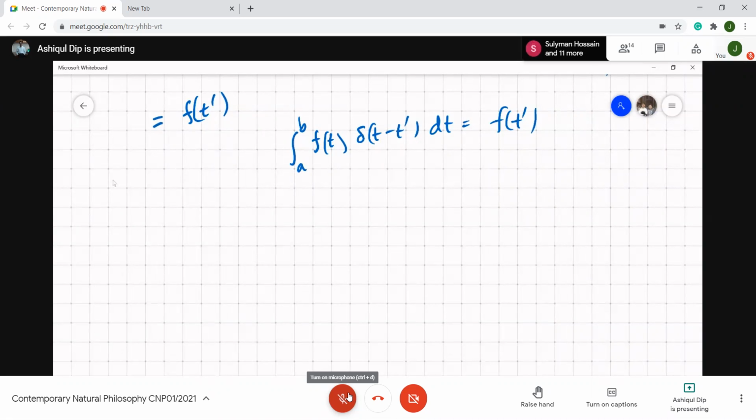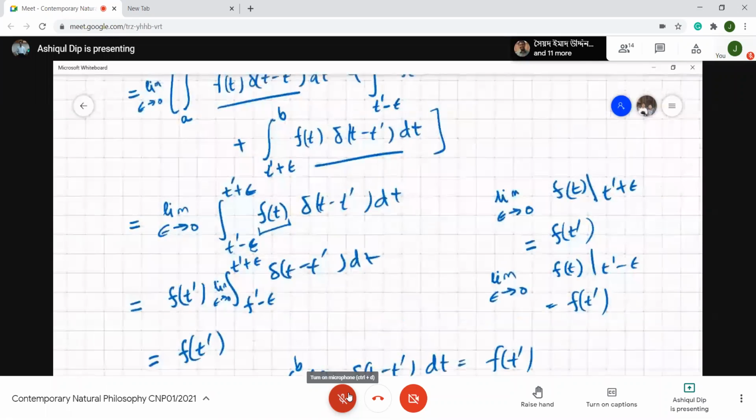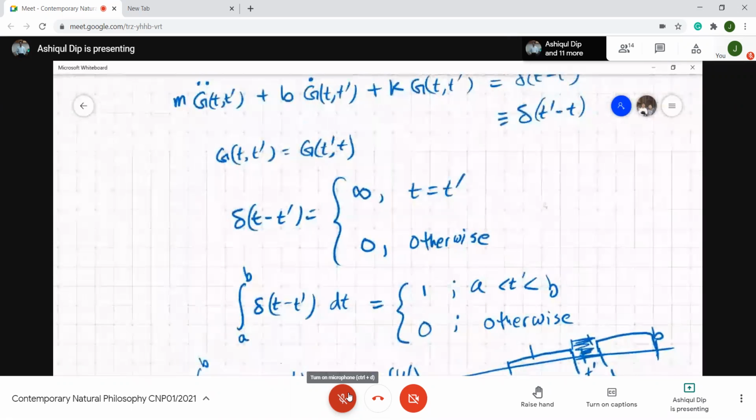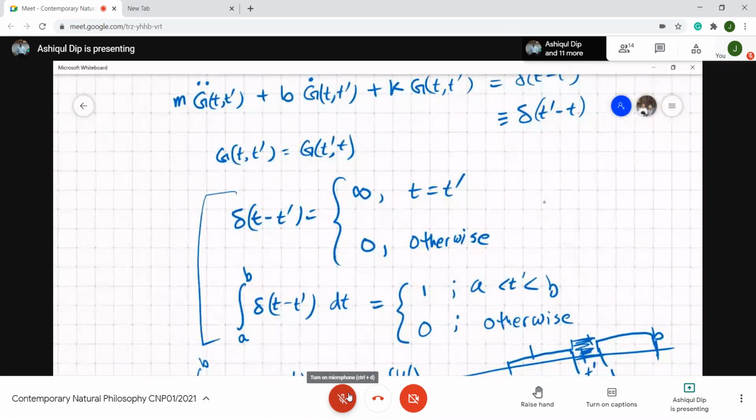When you define it this way, with these two things, you are already saying that the delta function is symmetric, because when t coincides with t′, then it's infinity, otherwise zero. So there isn't anything about asymmetry in between this.